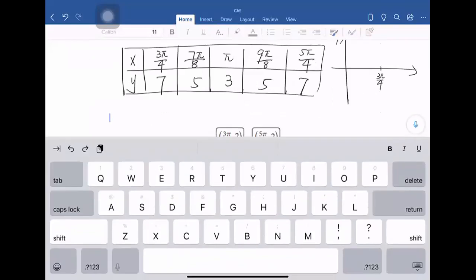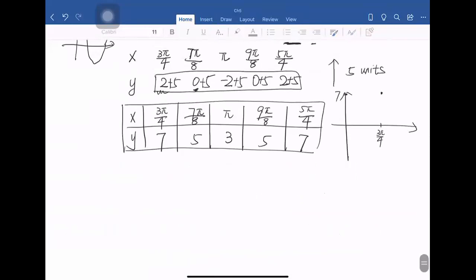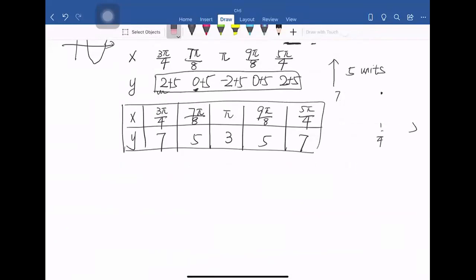Okay, I have more space. So clean this up. Draw a nice picture here. The first point is 3 pi over 4. And then the last point in one full period is 5 pi over 4. And then the middle one is pi.